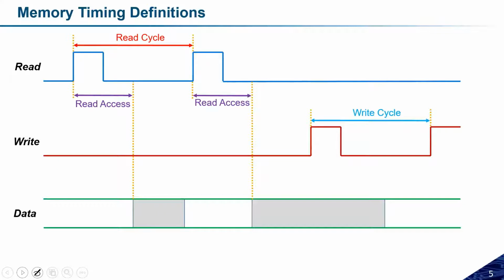Similarly, if I want to perform a write operation, it is the opposite of what we considered for reading, where the data becomes available from the memory. So what is the write access time?